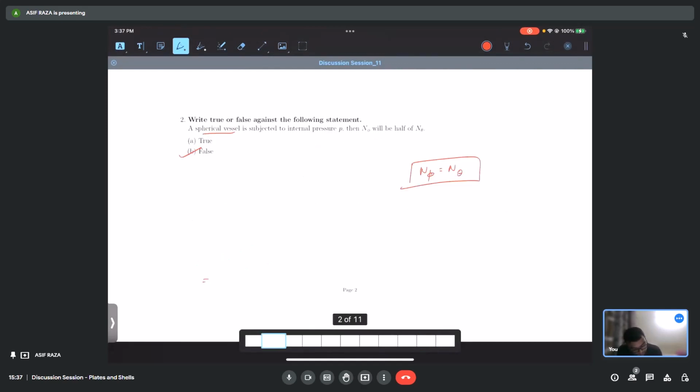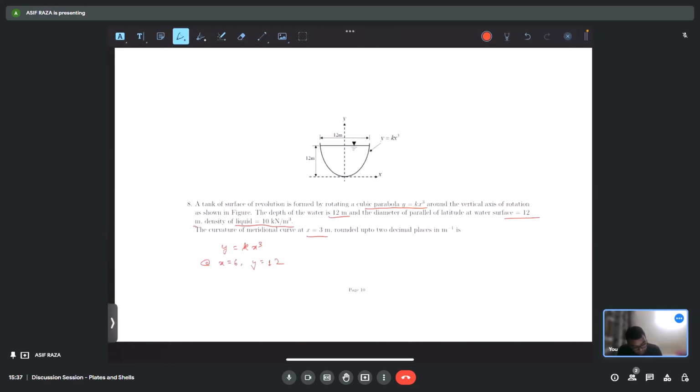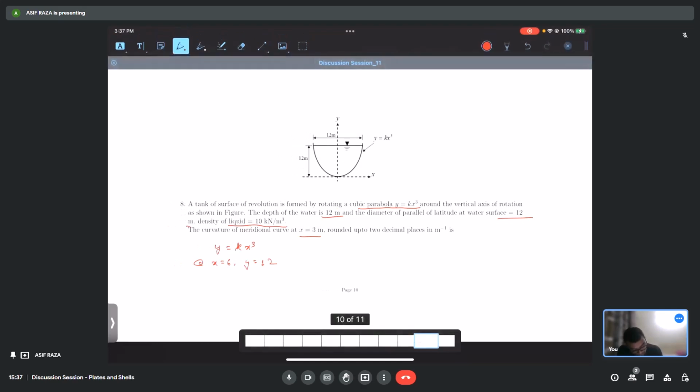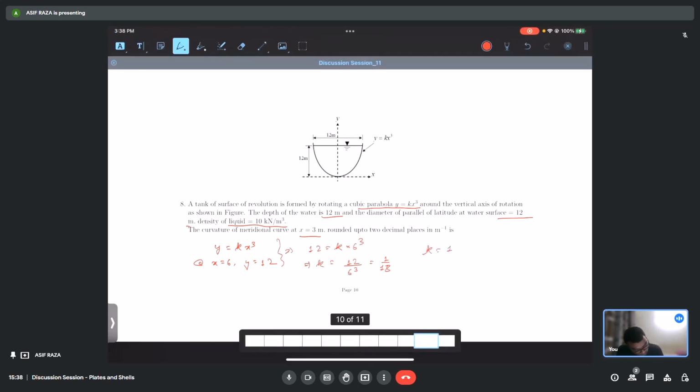So this gives me 12 equal to k times 6 cube, which gives k as 12 upon 6 cube, that is 1 upon 18. So we have k equal to 1 upon 18.